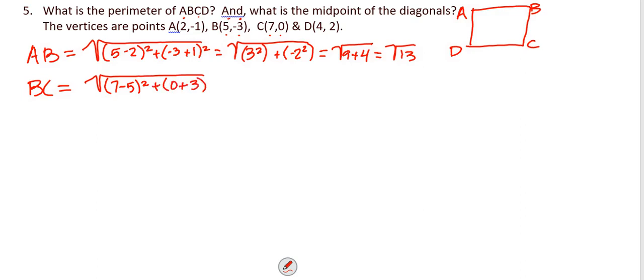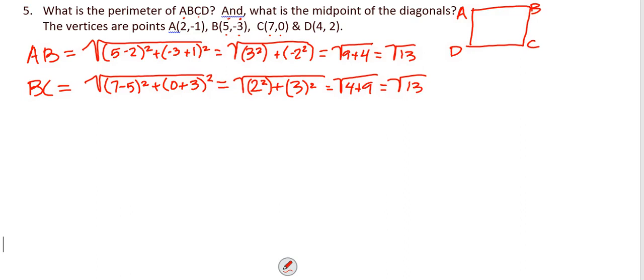Now I said plus 3 because it's minus a minus 3, and that's what's going to make it a plus 3. And I didn't explain that on the step above, but that's why it's plus. Now this is equal to, again, 2 squared plus 3 squared. That's going to be equal to 4 plus 9, which again is the square root of 13.